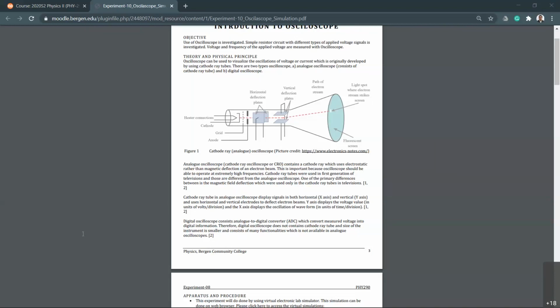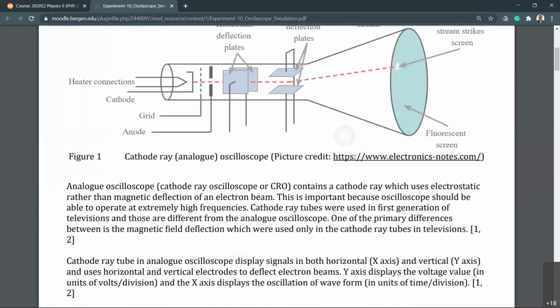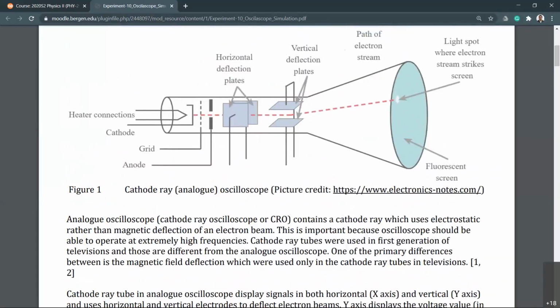Okay. Those things you can read as you work on the lab report. One other thing I would like to point out: when you're doing your final project report, if you copy-paste anything from an outside source, for example this picture I took from electronicsnotes.com, that's not a reputed site which I would like to use as a citation.